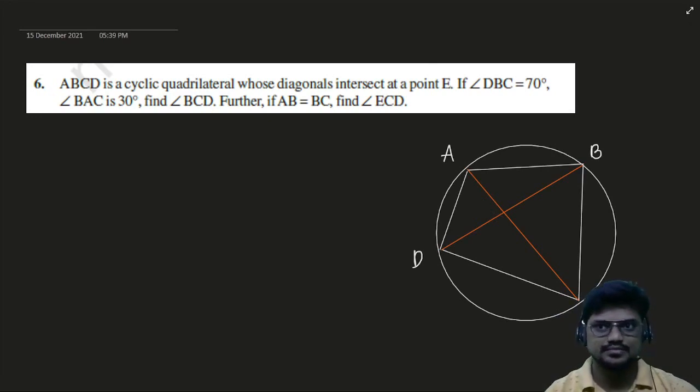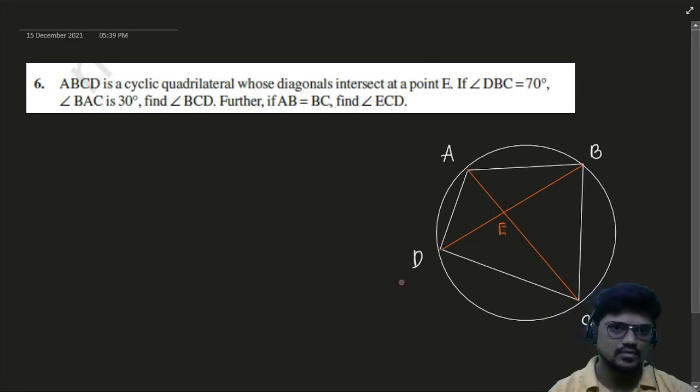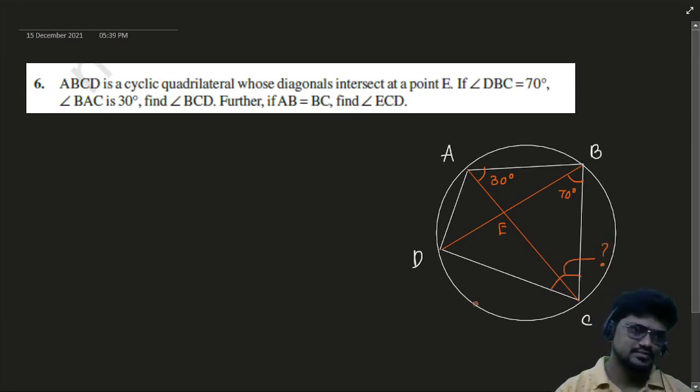The point is E. Okay, and if angle DBC is 70 degrees, and angle BAC is 30 degrees, then find angle BCD. You have to find what is this angle. Okay. Further, if AB is equal to BC, then find angle ECB. That is a further thing that we will consider later on. First, you have to find what is angle BCD. How can we find?